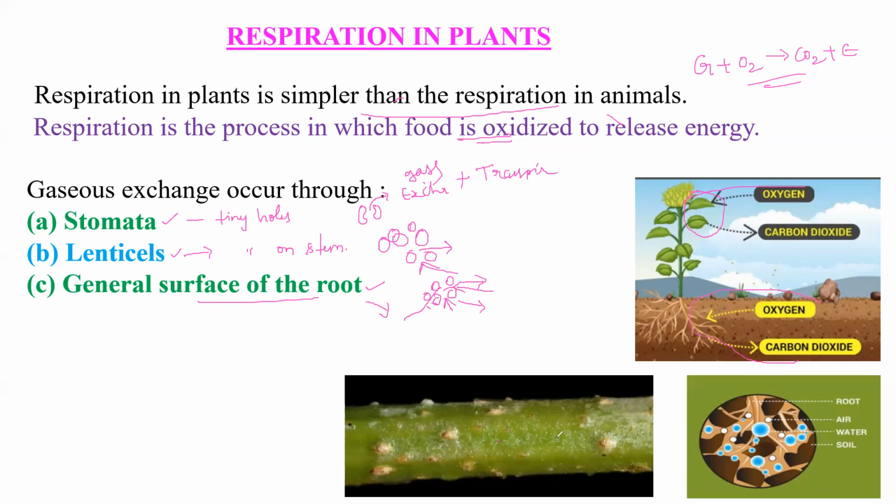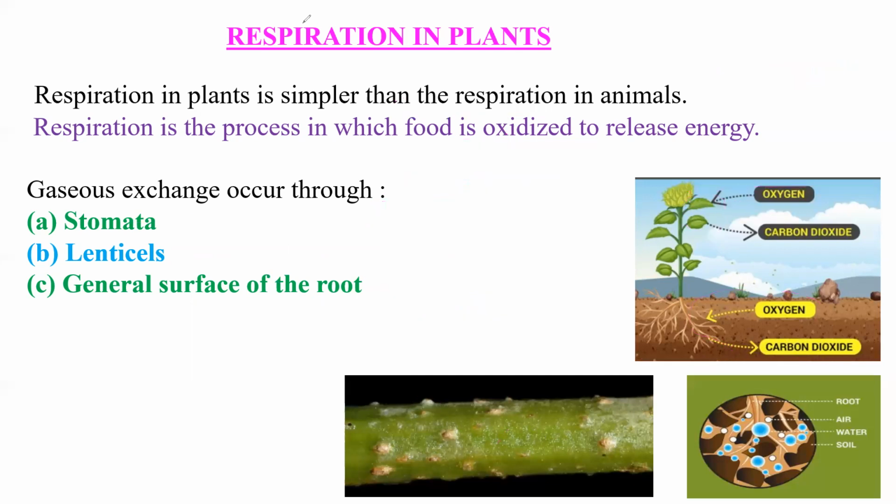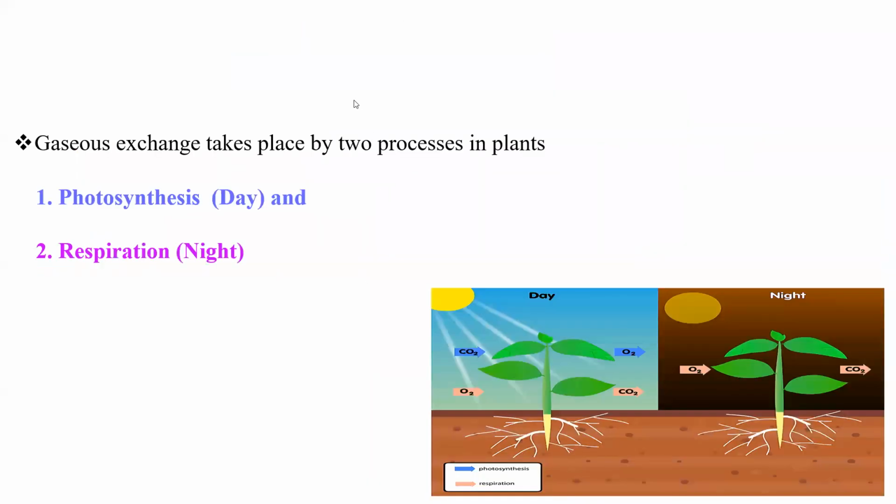On the stem also there are small pores. Don't take these to be nodules. The small pores are helpful for respiration. Lenticels on a stem, root hair, and stomata. Understood? These are the respiratory parts of a plant. Let's move on to how the diffusion happens.